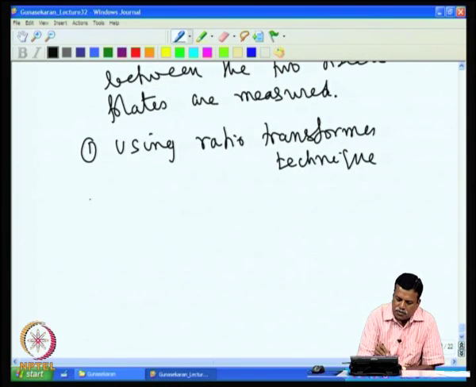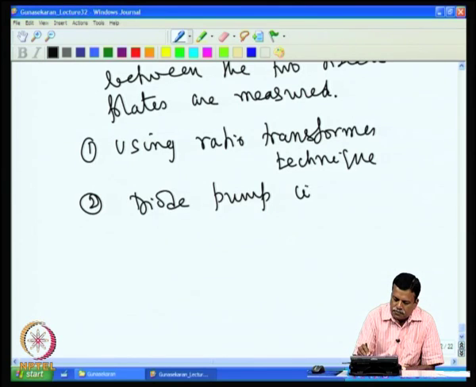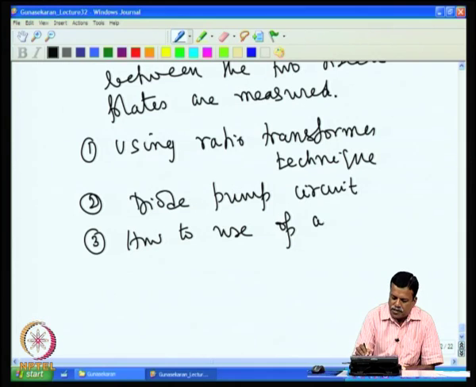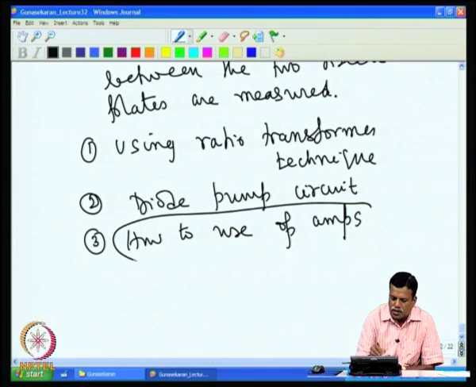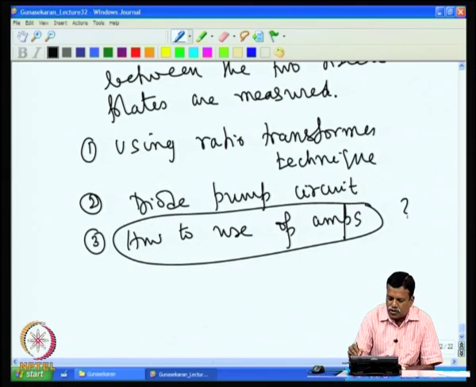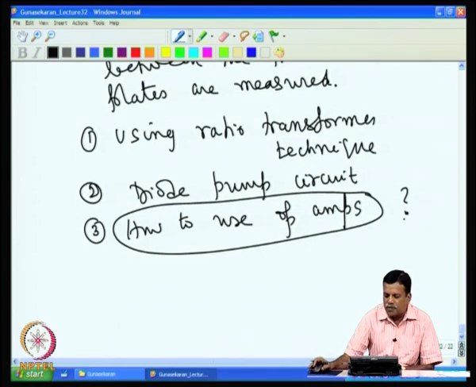Then we also discussed the diode pump circuit. Now, we discuss how to use op amps effectively for capacitance measurement, because this is what we are going to discuss more in this lecture.